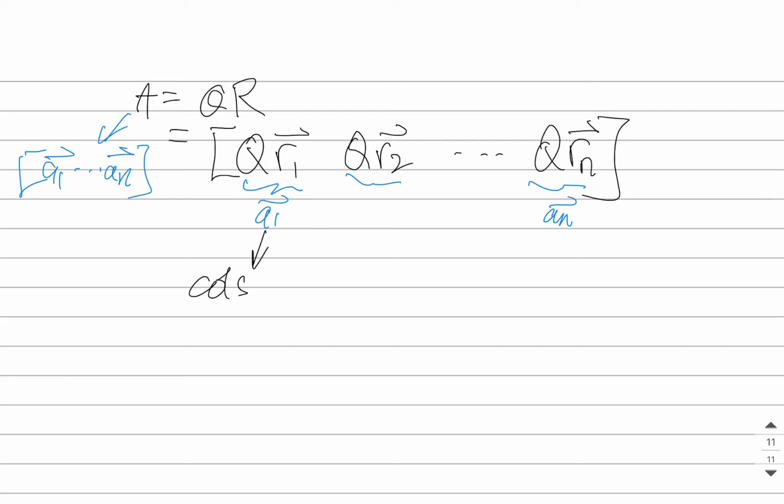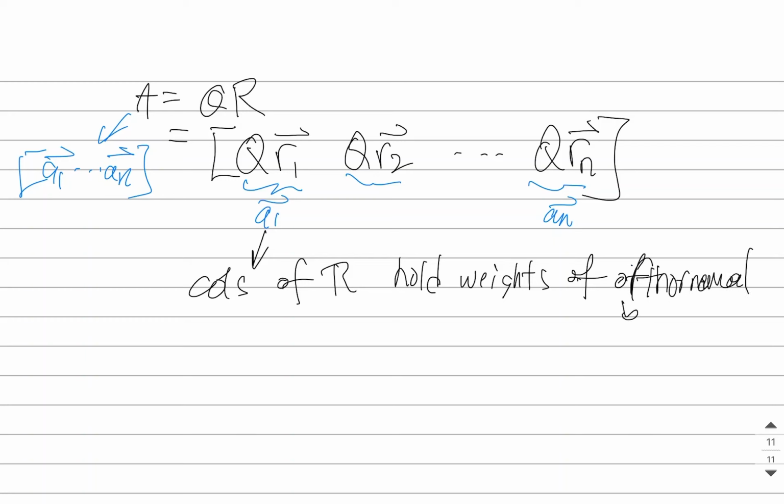So the columns of R hold the weights of the orthogonal or the orthonormal basis representation for each A1 through to AN.